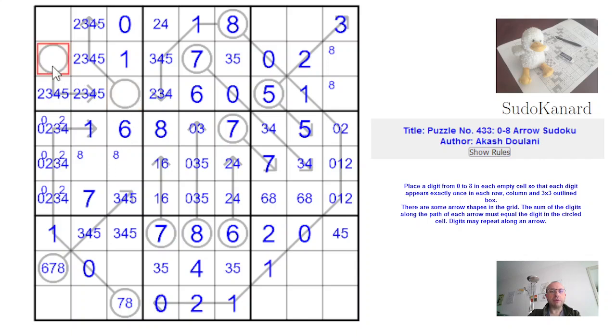6 and 8 would be with 6 here, 8 there. 7 and 8 would be with 7 here and 8 there. So 7 and 8 would have to be 2, 3, 4, 6.